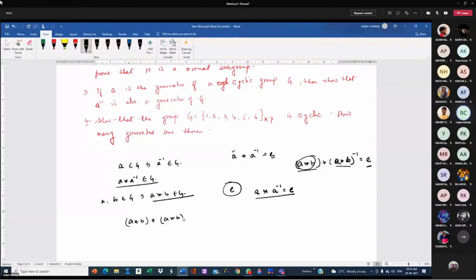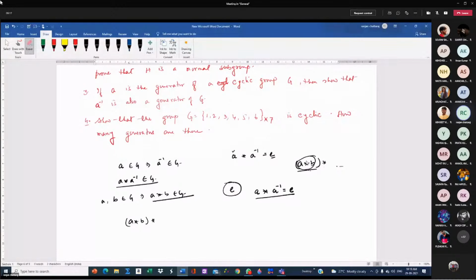Now you see here, just a minute. Leave this one, erase this too. The important thing is our question. Now, what is your question? The question is: the inverse of A asterisk B is equal to this.